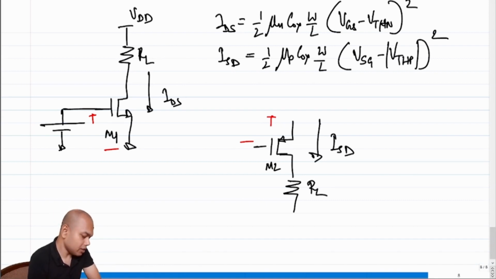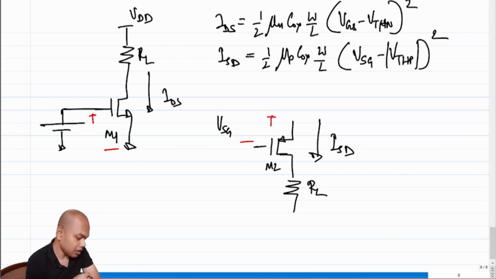So as long as I neglected the fact that I haven't really mentioned till now that mu n and mu p are not similar numbers. But if mu n were equal to mu p, and both M1 and M2 have the same W by L, then having the same VGS or VSG in both cases would have provided us the same drain current, right? So let's say I need some VSG.